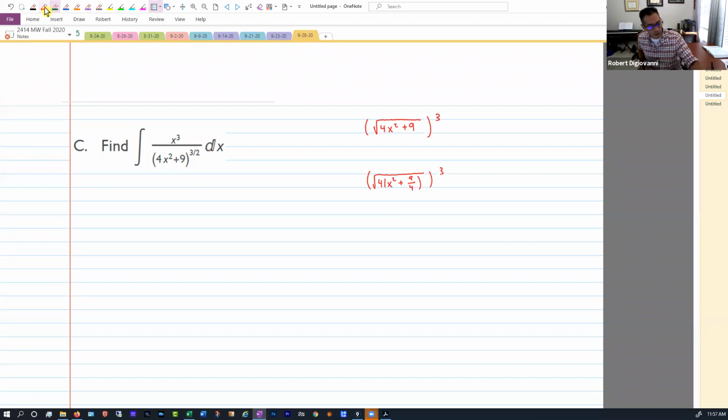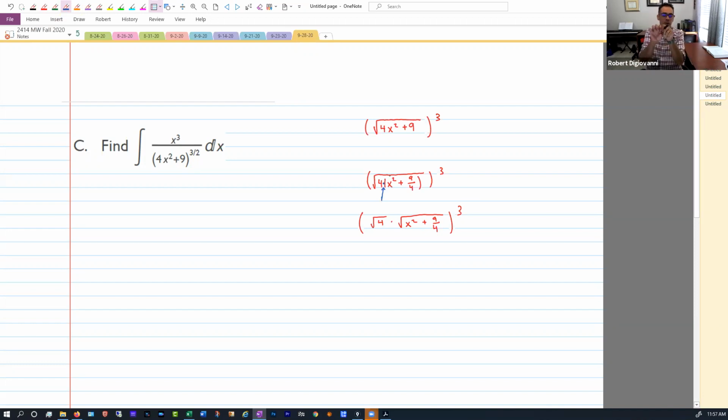Okay, watch what I do next. Here's what we have. We have the square root of 4 times the square root of x squared plus 9/4, then all of that cubed. So all I did is split it: we had a product underneath the root. That's a product right there now because we factored the 4 out.